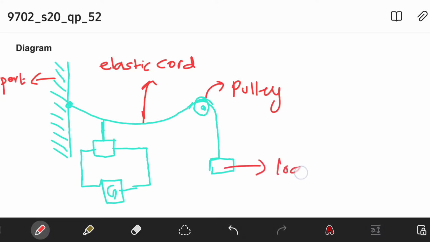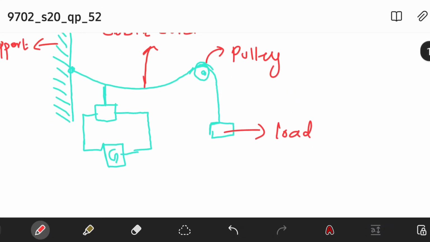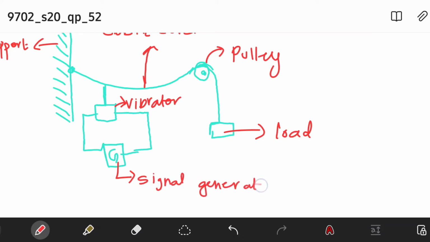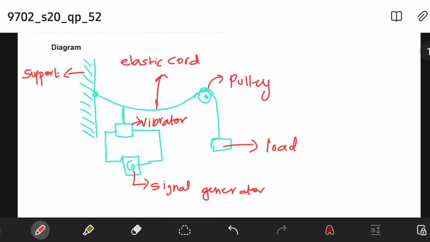This is a load. This is our vibrator. And lastly, our signal generator. And make sure that you draw a circuit for the signal generator, because it produces an electric current. So the circuit is shown. Now this is our diagram pretty much.